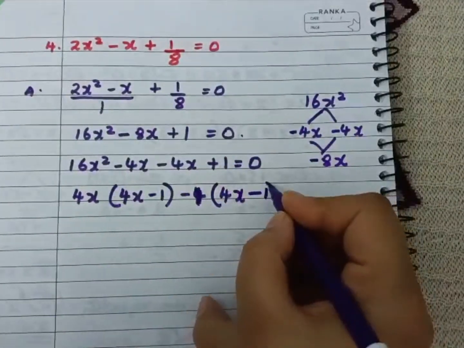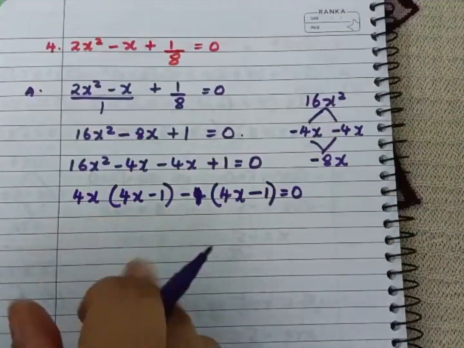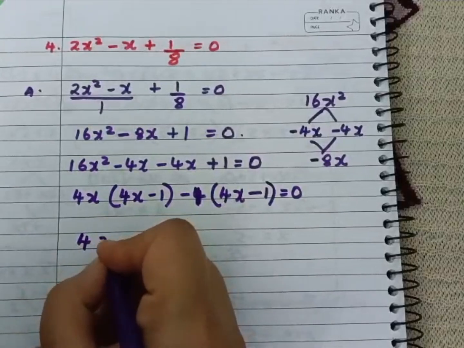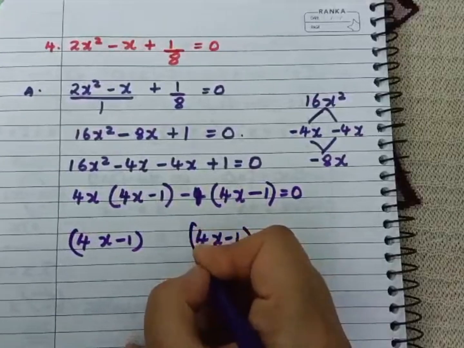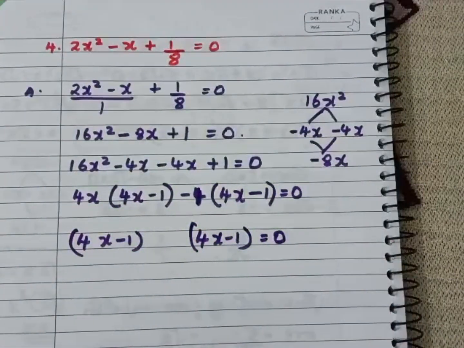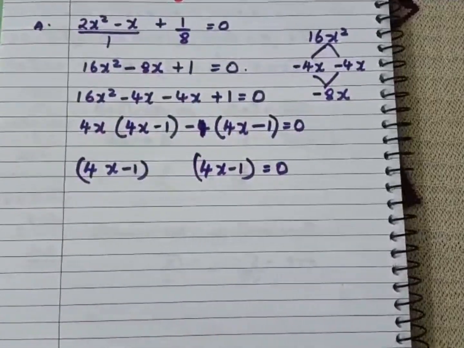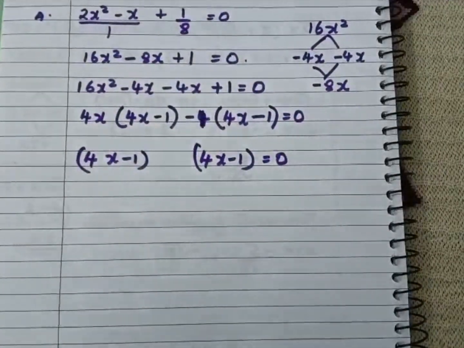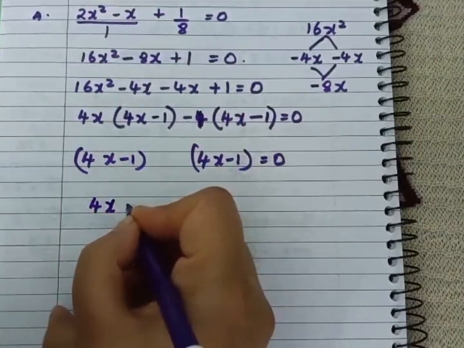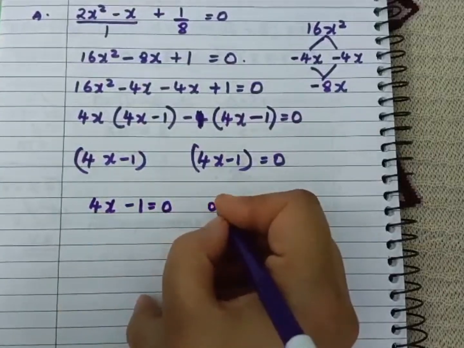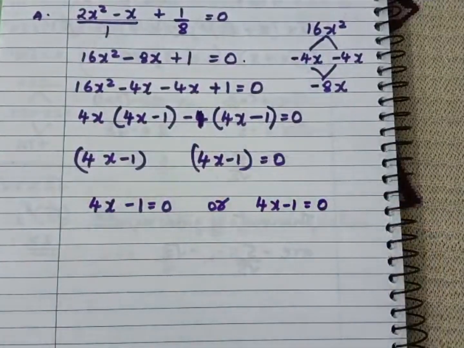So 1 into 1 is 1 is equal to 0. Now 4x minus 1 is equal to 0. So I'm going to take it as 4x minus 1 is equal to 0, or 4x minus 1 is equal to 0.